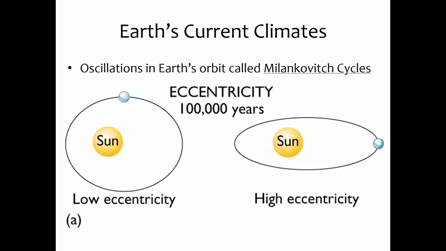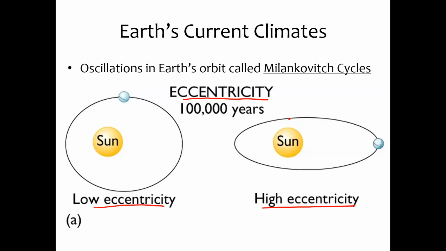So when we talk about the eccentricity of an orbit, we're talking about how non-circular it is. And these diagrams are pretty exaggerated, but a low eccentricity orbit would be one that looks close-ish to a circular orbit, so that it's always about the same distance from the sun. Whereas a high eccentricity orbit is one in which there are periods when it is very far from the sun and periods when it is very close.